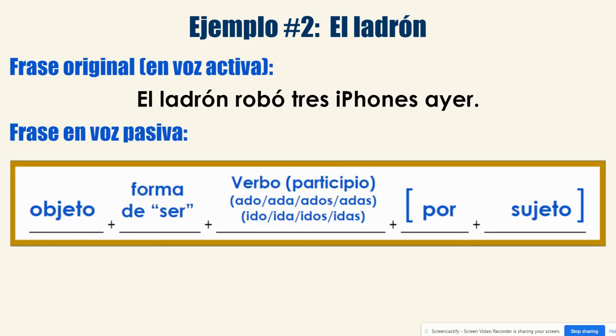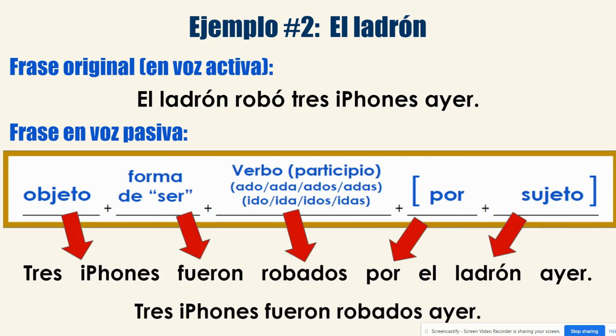Now, we're going to use the same exact formula. I'm going to care more about the object and what has happened to the object than I do about the subject who did the action. So, tres iPhones. I started with my object, the 3 iPhones. Then my forma de ser, okay, fueron, they were, robados, stolen, por el ladrón ayer.